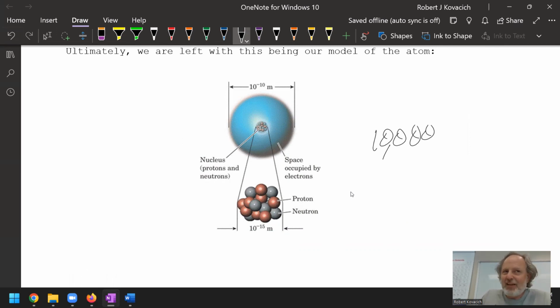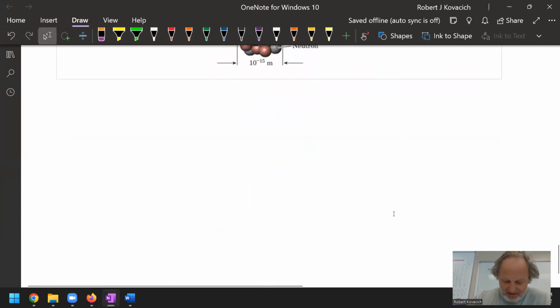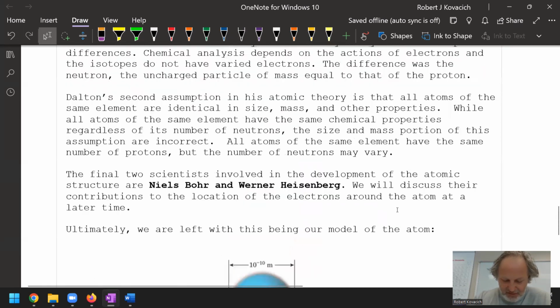So the nucleus is 10,000 times smaller than the atom, which makes sense because they were shooting those particles through and they were getting about an 8,000 to 1 ratio of when they would ricochet off. So that number makes sense. And that's all I got for this section.